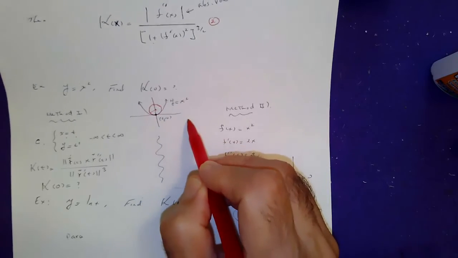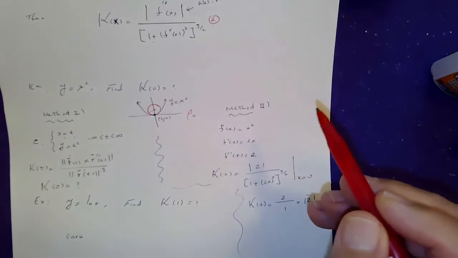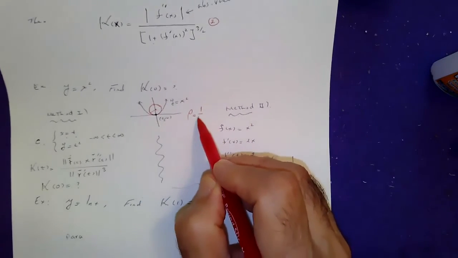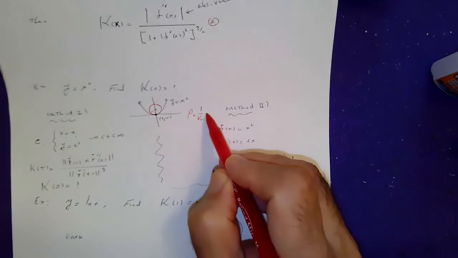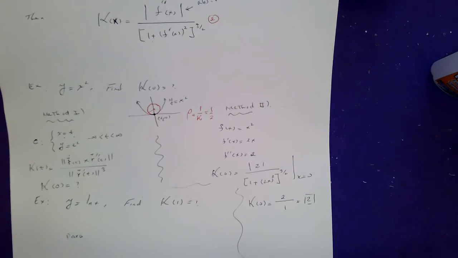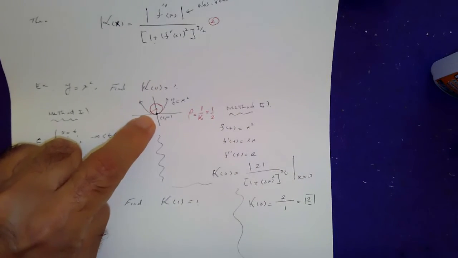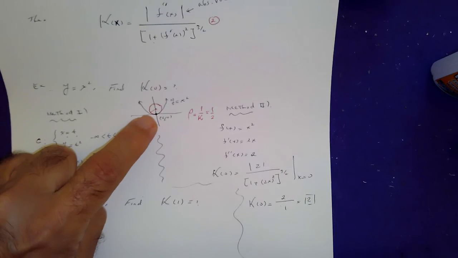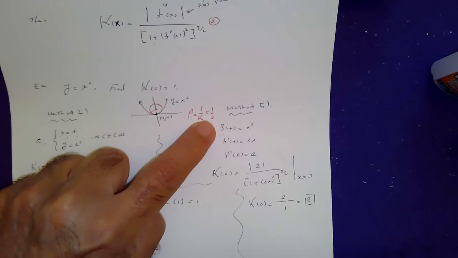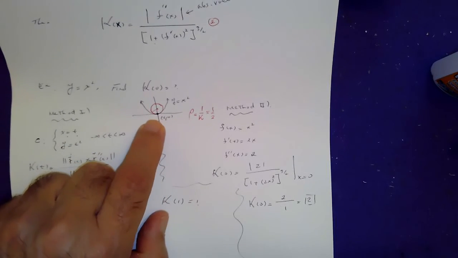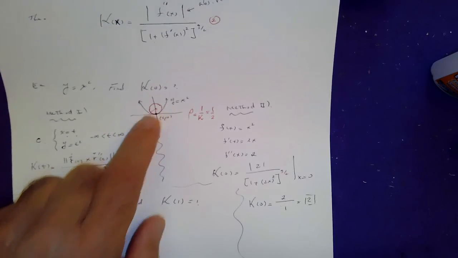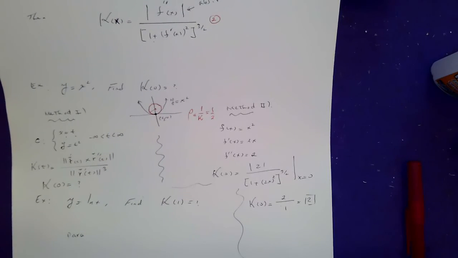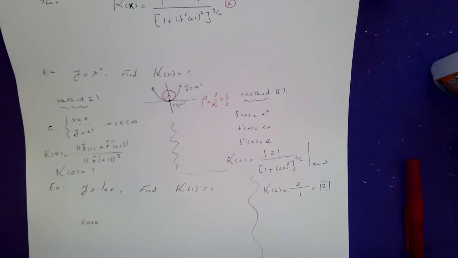And guess what? The radius of this osculating circle is the reciprocal of the curvature, so it will be 1/2. So the bend is as much as a circle whose radius is 1/2 and is tangent at this point, which we're trying to find the degree of the bend of the curve.